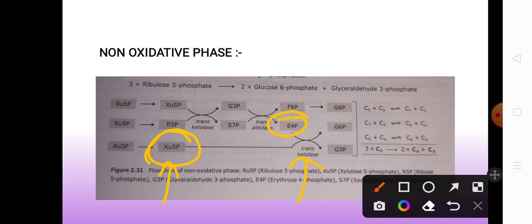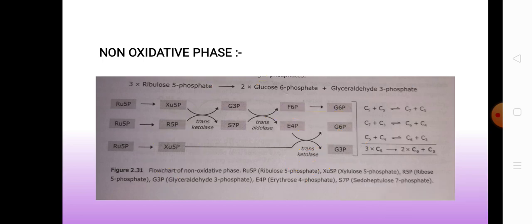So from xylulose 5-phosphate it will take a 2-carbon containing molecule, and after donating it, xylulose 5-phosphate will become a 3-carbon containing aldose, which we all know is glyceraldehyde 3-phosphate. And erythrose phosphate, after getting 2 carbons from xylulose 5-phosphate, will convert into glucose 6-phosphate. That is the entire thing.